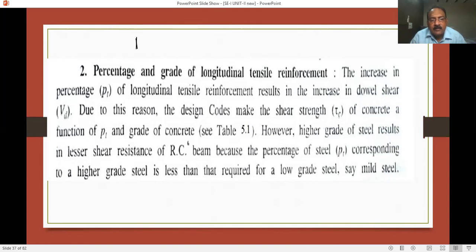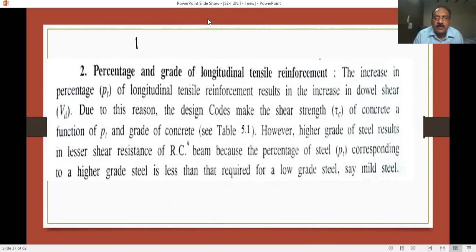And for the factors of resistance, one is the percentage and grade of longitudinal tensile reinforcement. An increase in the percentage of steel tensile reinforcement, Pt, results in an increase in shear strength, that is Vc. It will increase shear resistance. Due to this reason, the design code makes the shear strength of concrete a function of Pt.